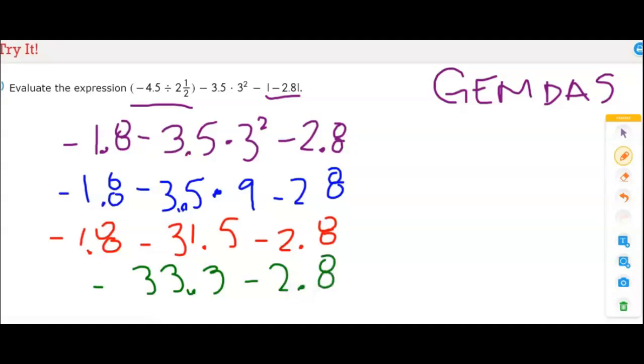And then I'm going to subtract that 2 8/10. I'm going to get my final answer of negative 36 1/10 as the final answer to this expression.